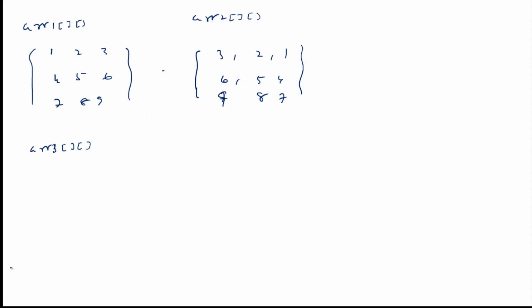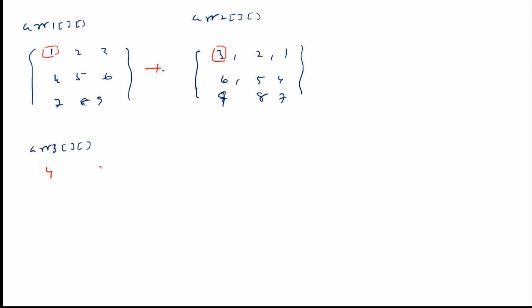So what will happen, when you add these values here, the 0, 0 of array 1 and 0, 0 of array 2 will be added. So I am adding these two matrices here, and 3 plus 1 will be there in the third array.